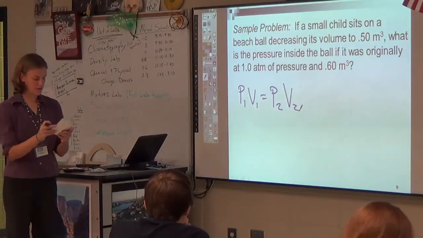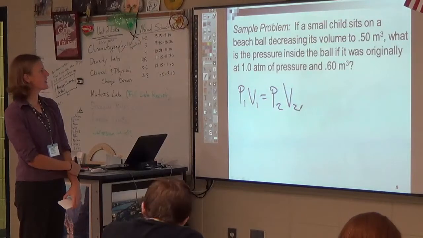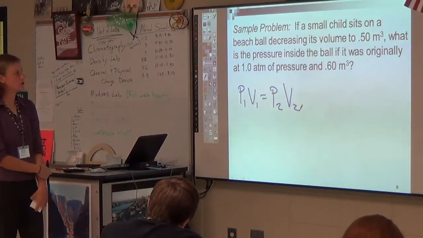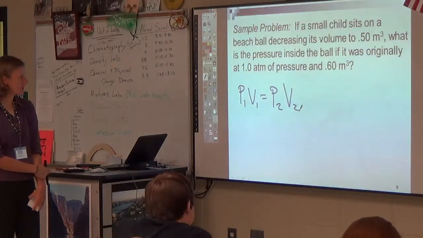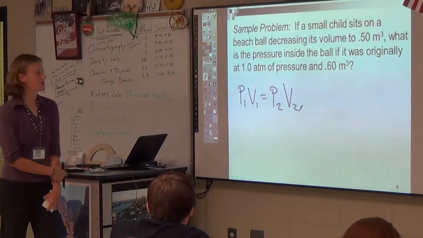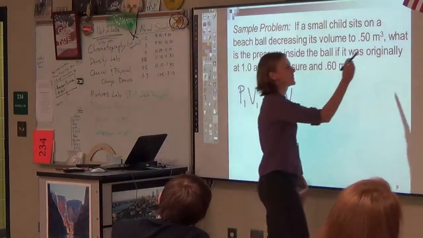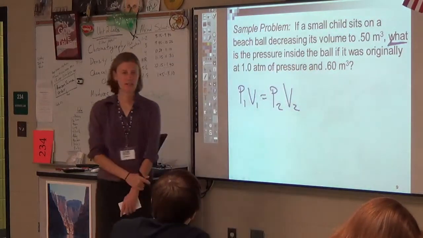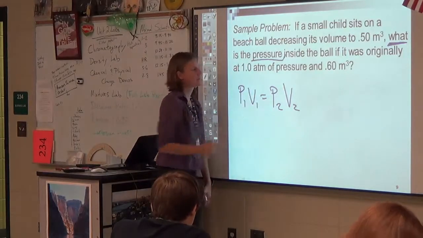Okay, this one. It says if a small child sits on a beach ball, decreases volume to 0.5 meters cubed, what is the pressure inside the ball if it was originally at 1 atmosphere pressure and 0.6 meters cubed? Okay, so here's the question word. Blake, what are we even trying to find? Okay, and with pressure, the first one or the second one?